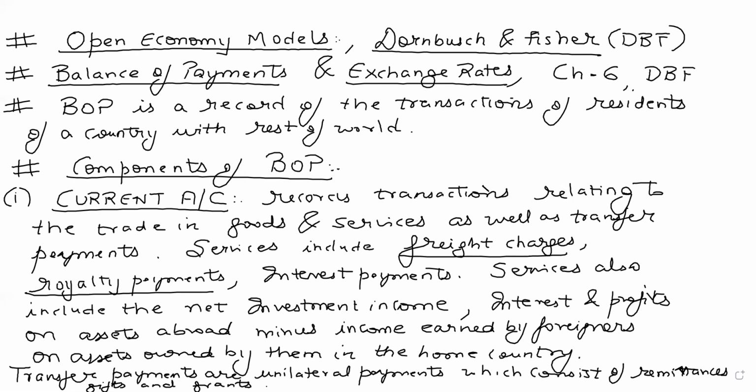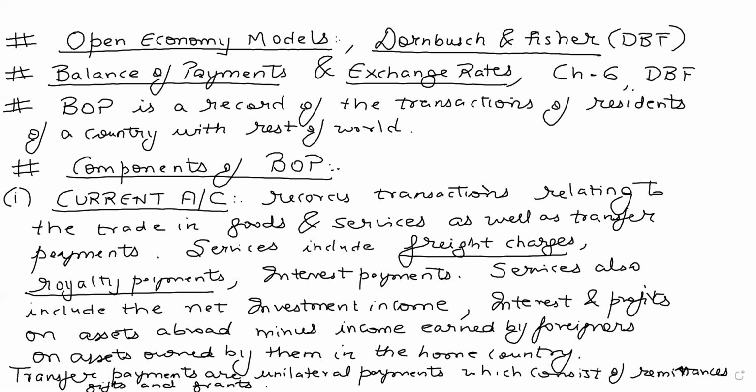So when transfer payments are made, they are not leading to creation of any good or service. And they are unilateral payments. That means they are one-sided. So if you are receiving a grant from abroad, you don't need to pay back.